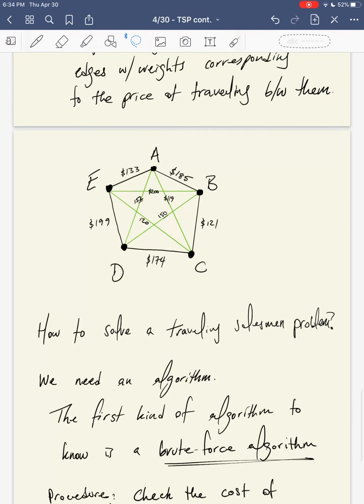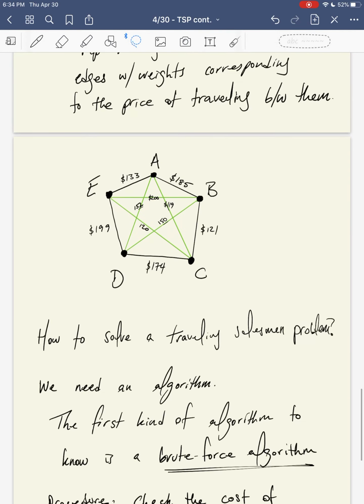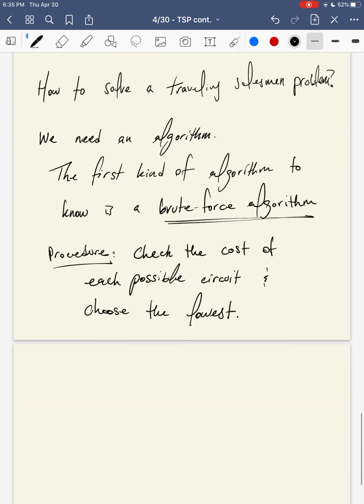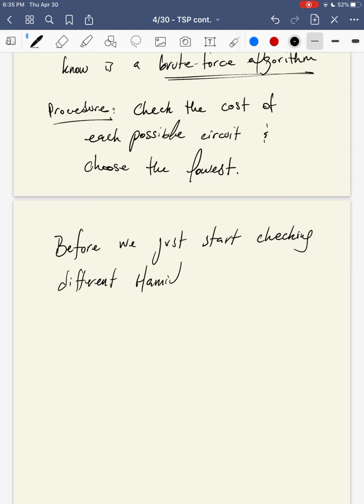Okay. So using this graph, do we want to do a brute force algorithm? So just how many paths do we have before we just start checking different paths? Sorry, Hamilton circuits.